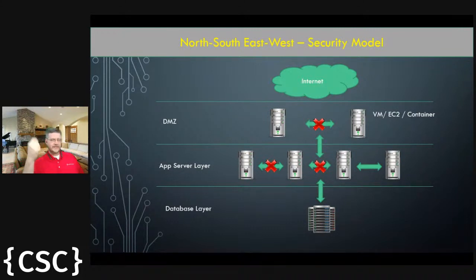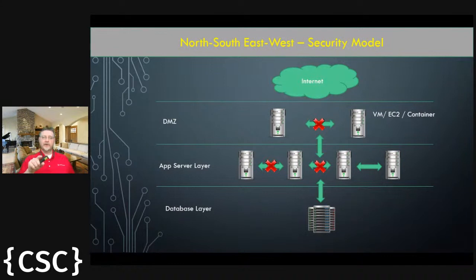The request is coming in from the top, and it's coming into, maybe it's a virtual machine handling things at the DMZ level. It's public facing. And I need the request to be handled there. And then it's going to be, depending on the type of request, maybe it's sent over to a web server, maybe it's an application server. And then that code in there makes a request to the database to get some of that information. So in that respect, that's north-south.